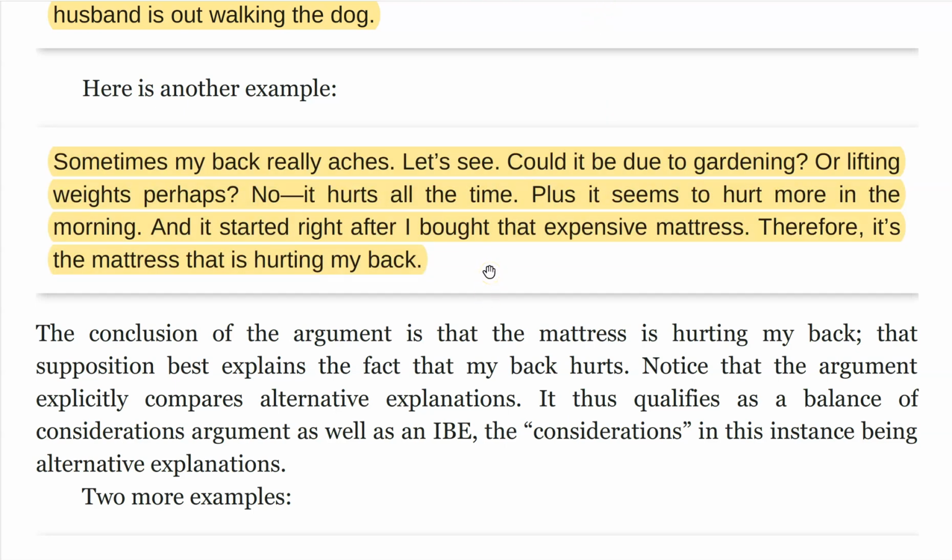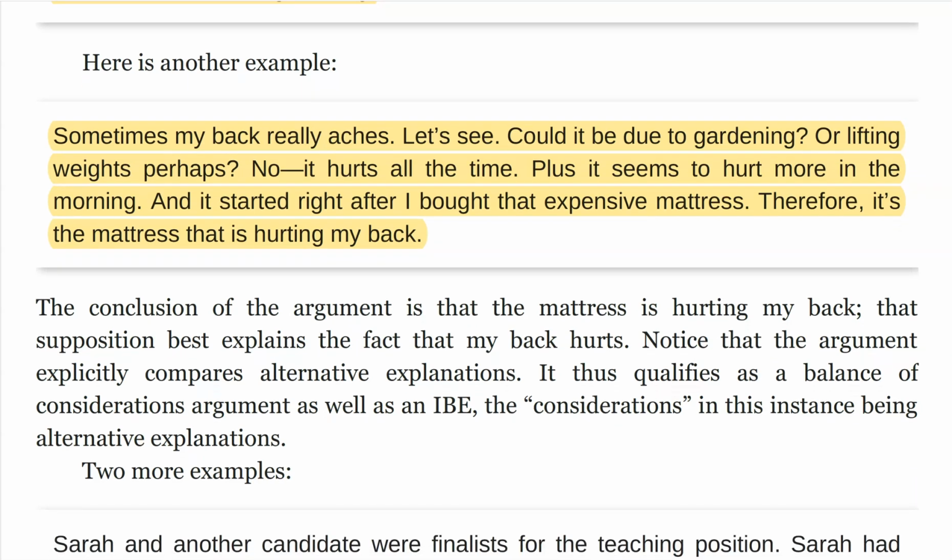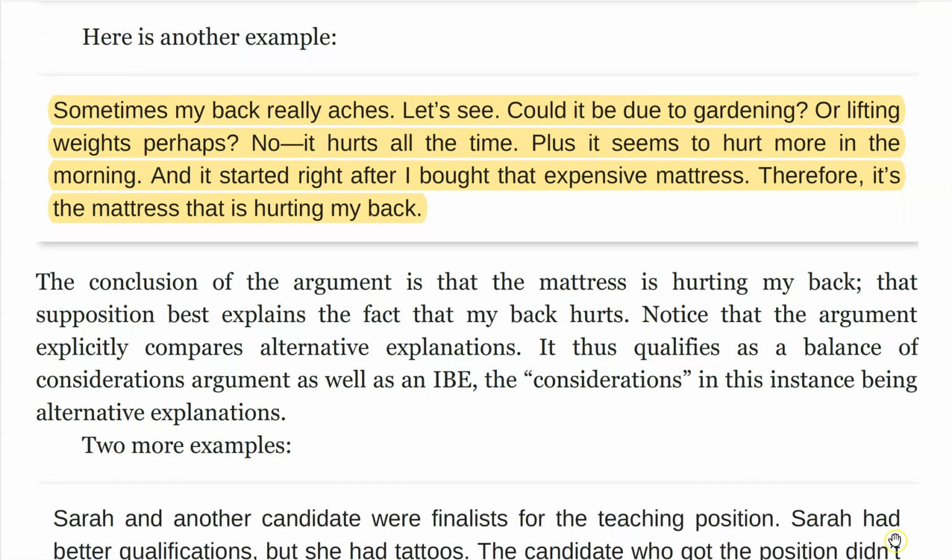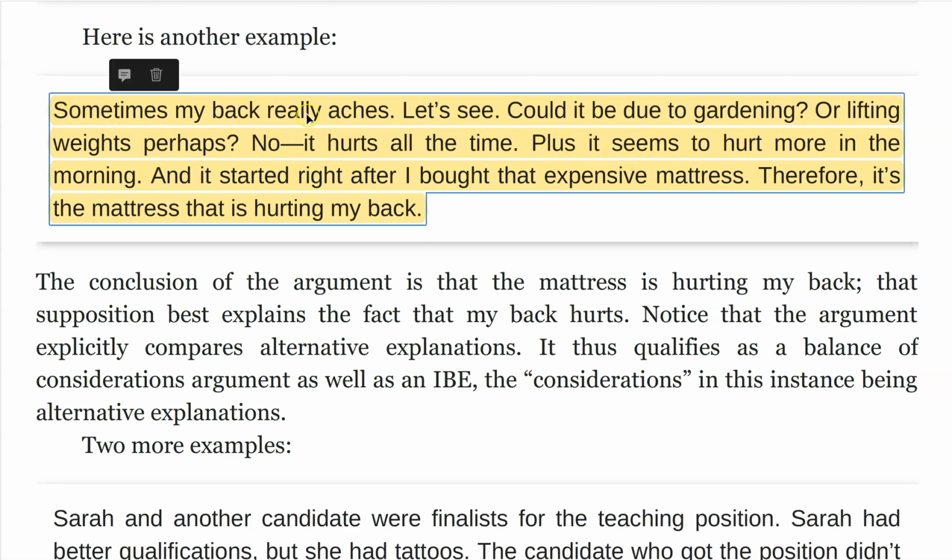Okay, I'm sorry, I'm still laughing at just how sideways my discussion of the other example went. Let's get it off the page. Okay, something interesting is happening here, and that's why I wanted to take some time with it. So we have sometimes my back really aches, and then our speaker considers different possible explanations.